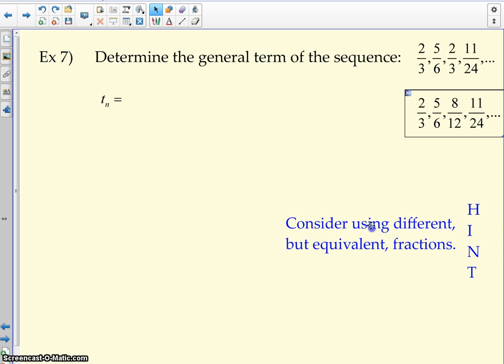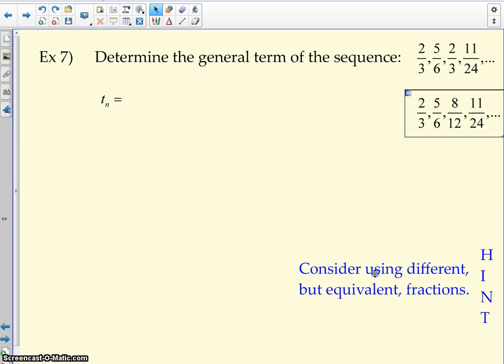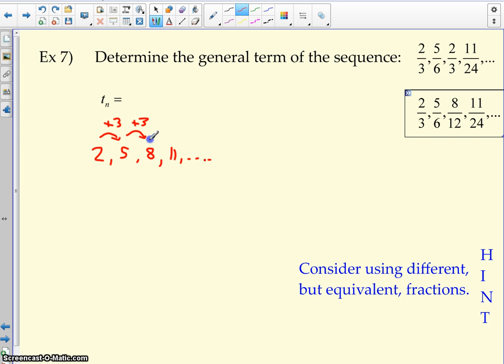What you're going to notice here, or hopefully what you might notice, if you look at the numerators only, the numerators go 2, 5, 8, 11. So you're starting at 2 and going up by 3 every single time. So the numerators seem to follow an arithmetic sequence.